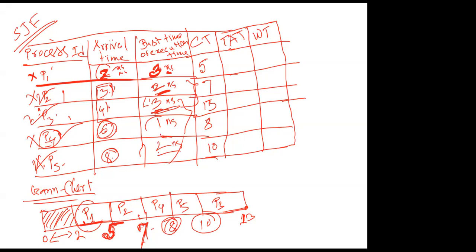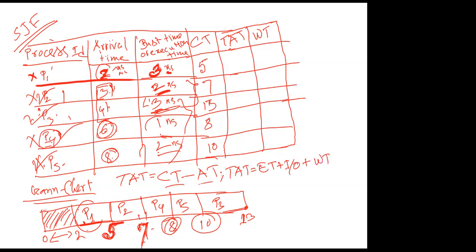And next is the turnaround time, or TAT. I already mentioned that TAT is equal to completion time minus arrival time. Another equation is that turnaround time equals execution time, or burst time, plus IO time plus waiting time.